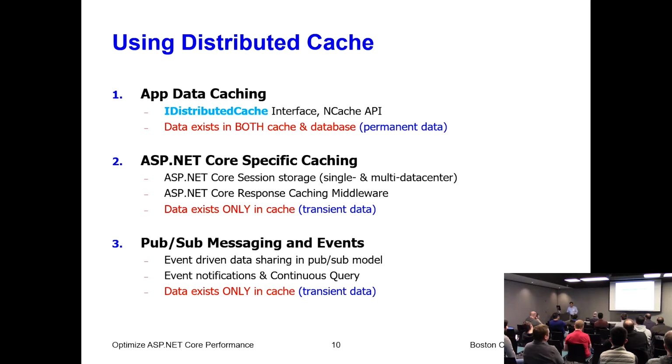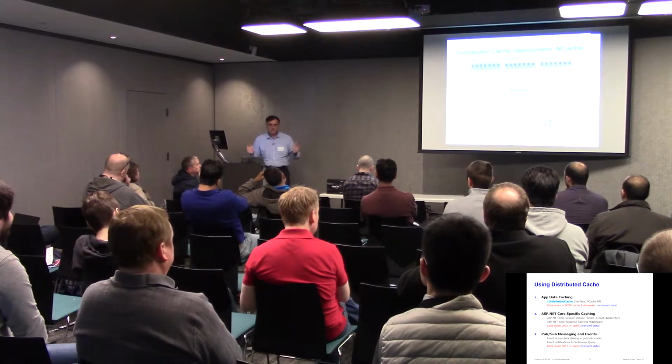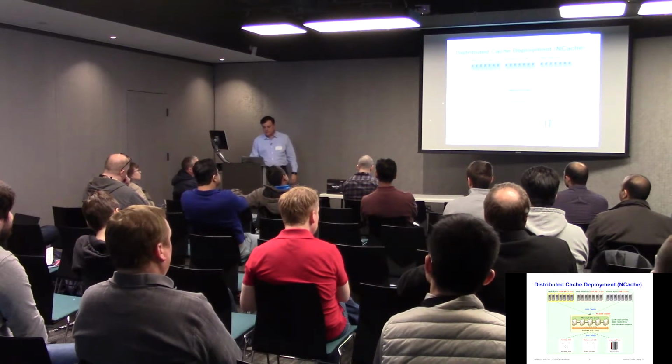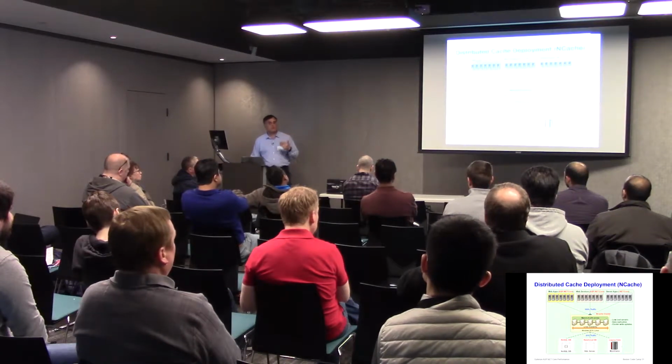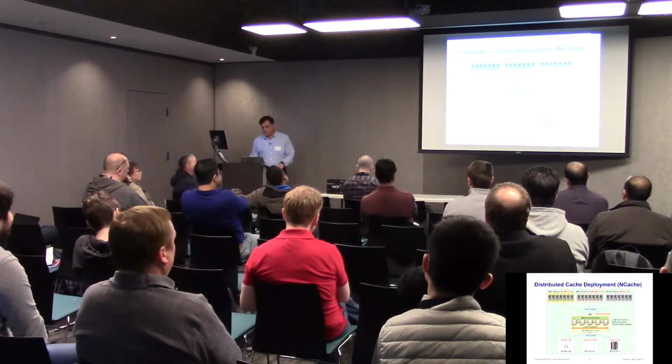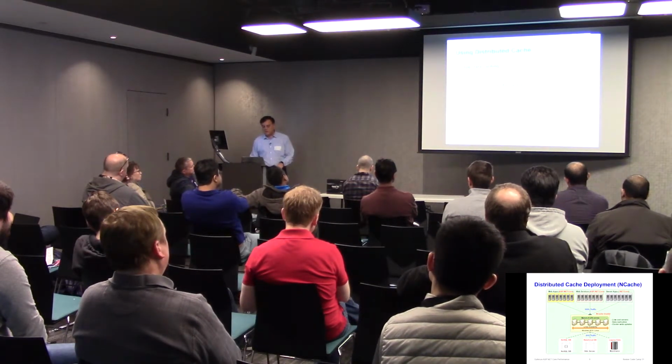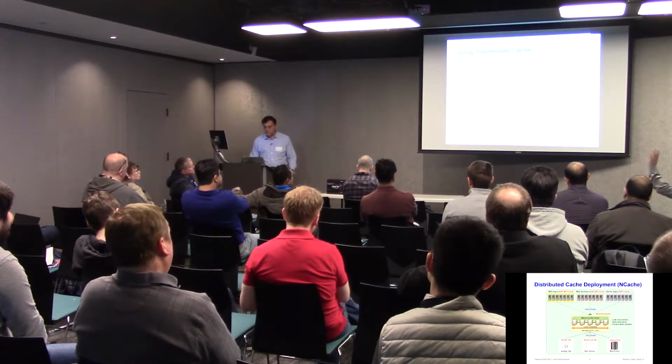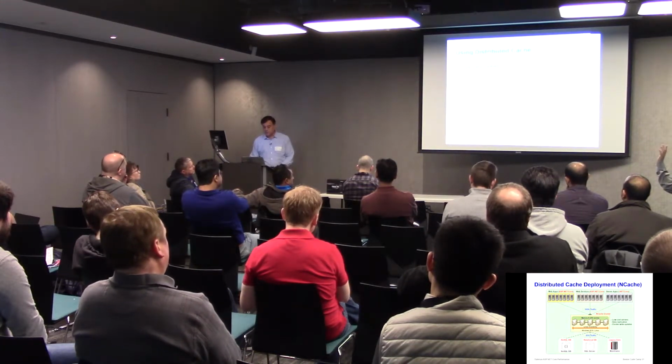Because you have an in-memory scalable platform within your application, you can think of it as a messaging bus. It is not for distributed environments. It is for the same data center, one location type of situation, but it's super fast because it's all in memory. And it's scalable. So that's the third use case for using a distributed cache like NCache.